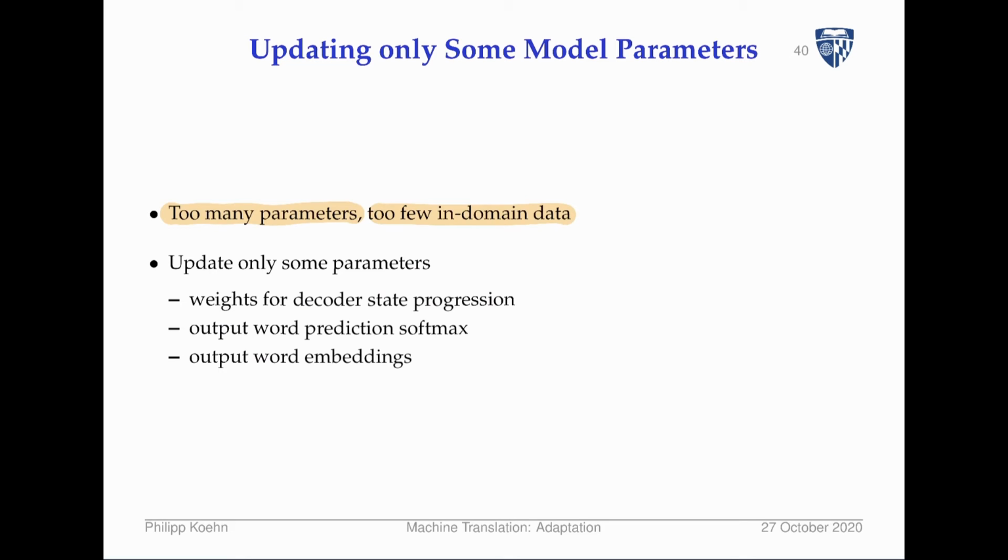Maybe, as we've already seen, just the output word prediction softmax. That's what we already saw in the personalization example. Maybe just the weights for the decoder state progression, or maybe just the output word embeddings. What's probably most relevant for producing output in a domain is the decoder part, the prediction part, not so much the encoder part.